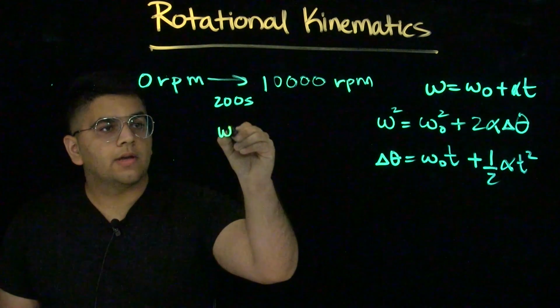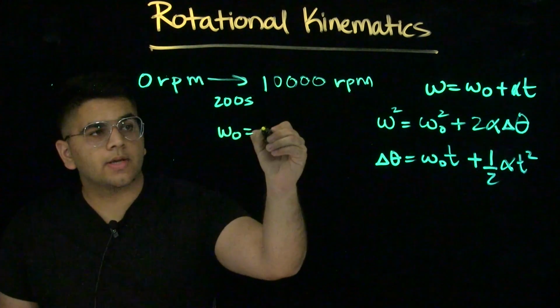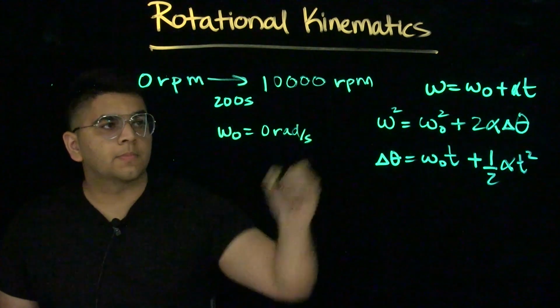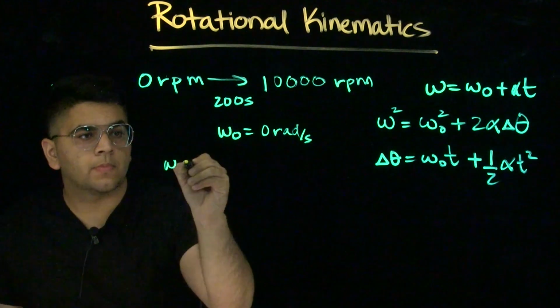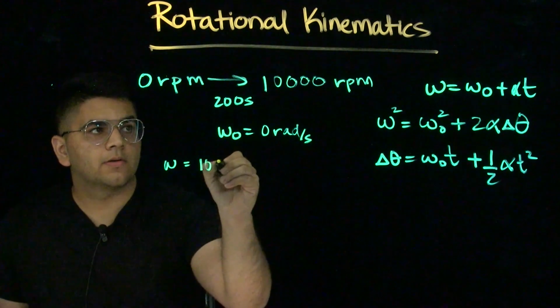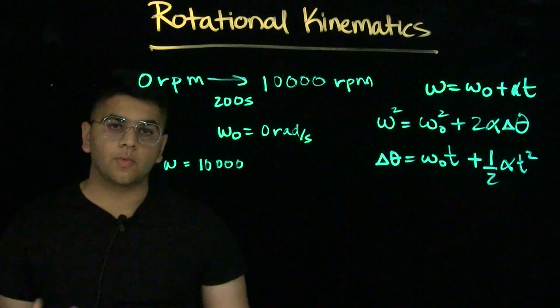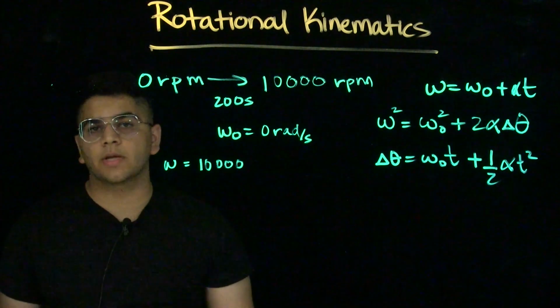We have an initial angular velocity of 0 RPM, so 0 radians per second. We have a final angular velocity of 10,000 RPM. Now, we want to change this to our SI units when we're considering rotation, so radians per second.